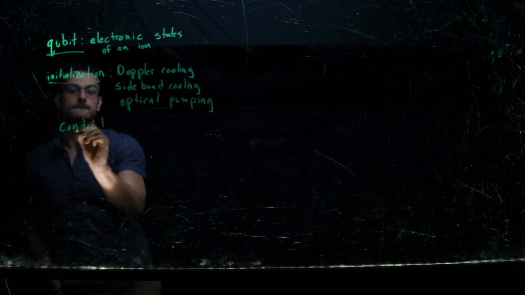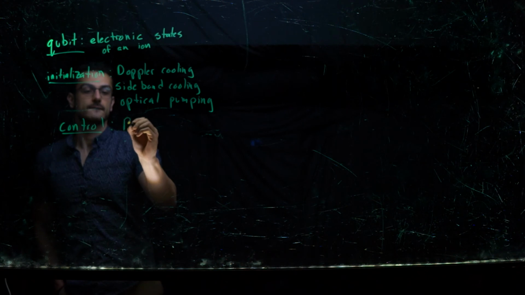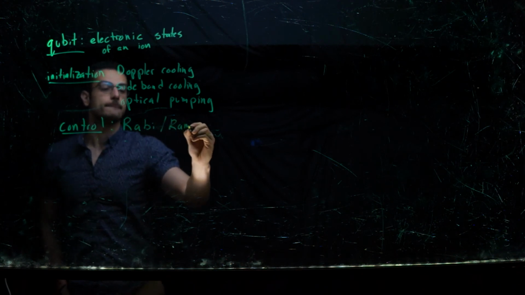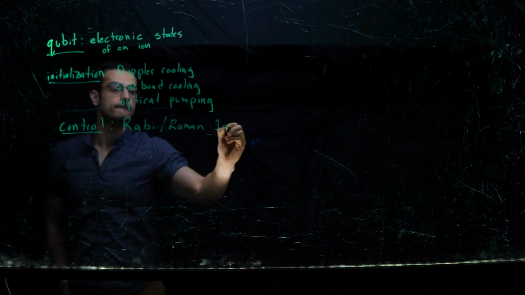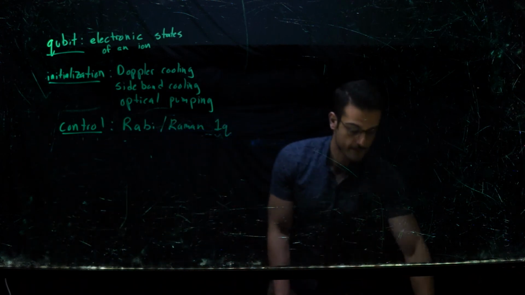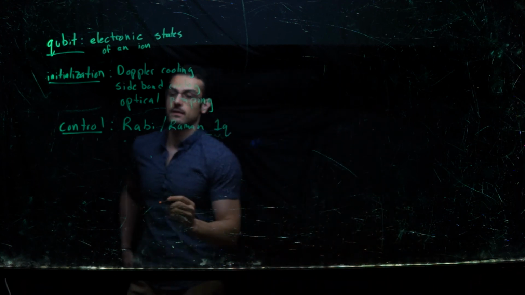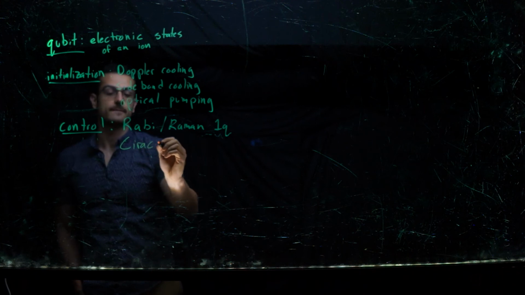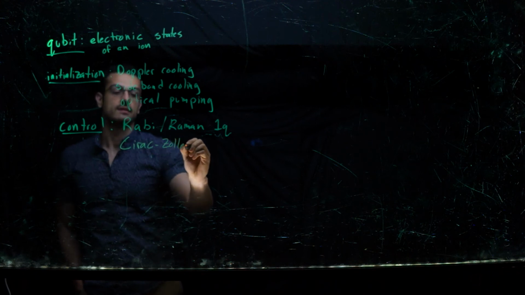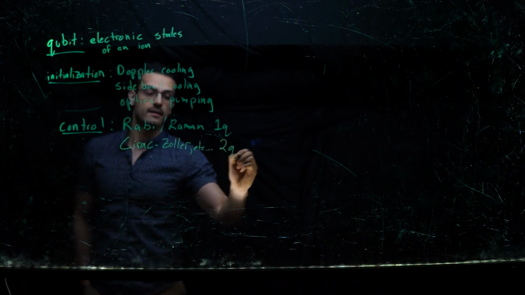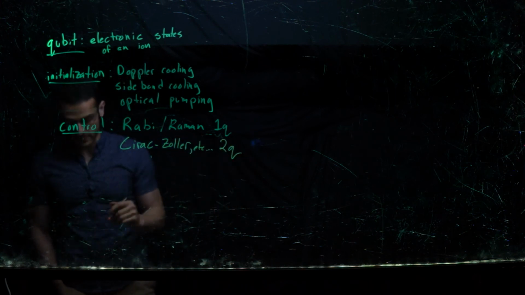Control: for 1-qubit gates, we use Rabi oscillations and Raman transitions. For 2-qubit gates, we use the motional mode, for example, such as the CRX gate. There's other gates that are built on that principle.